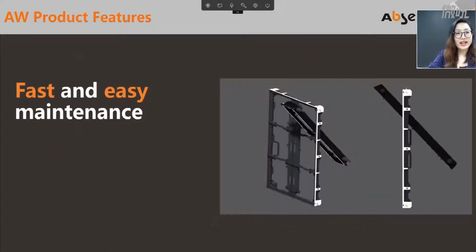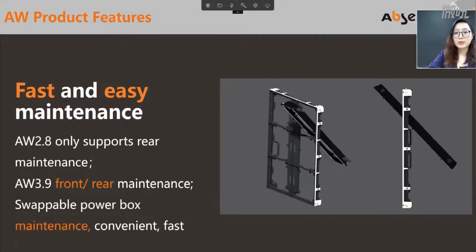Okay, so next part is about the maintenance. For the AW products, we can do front maintenance and also rear maintenance. But for the AW 2.8, we only support rear maintenance because the pixel pitch is too small to design the maintenance hole in the module.